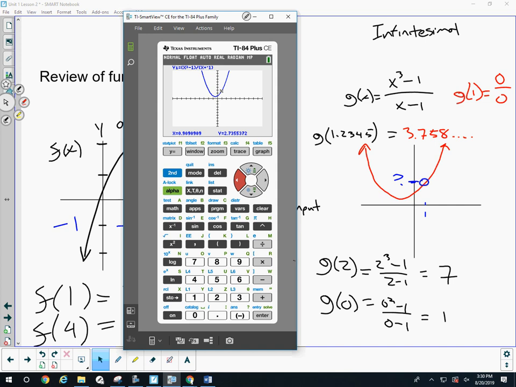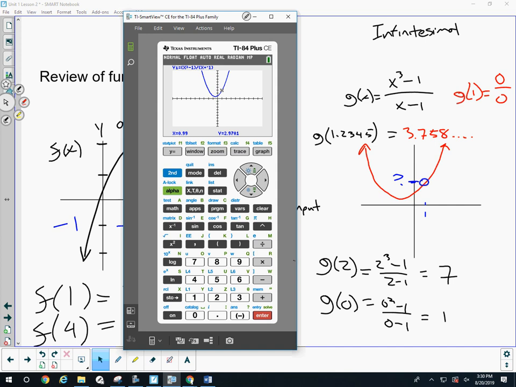Remembering that you could plug in any value and your calculator will tell you the y coordinate. That's a great idea. So we're at 0.9. That's pretty close to 1. Let's get closer, because my calculator can tell me the y coordinate. At 0.99, I could plug in 0.99 for x because I don't get 0 in the denominator.